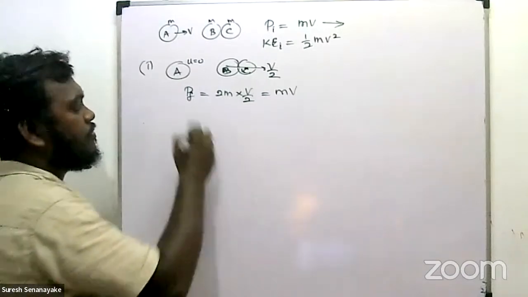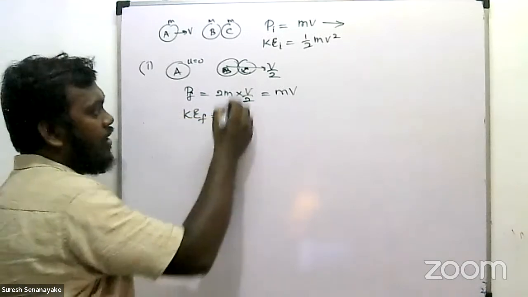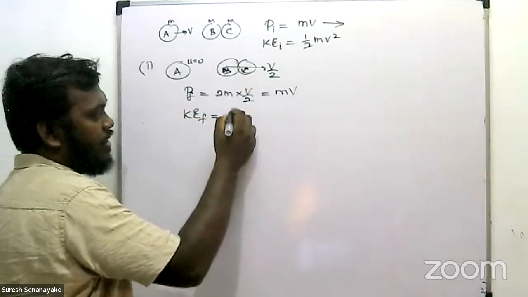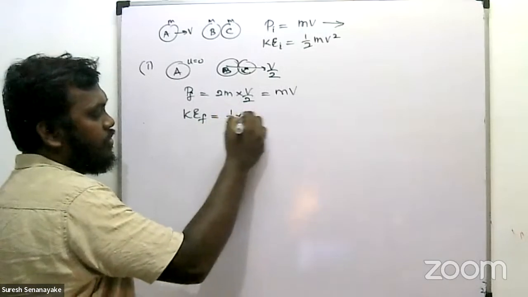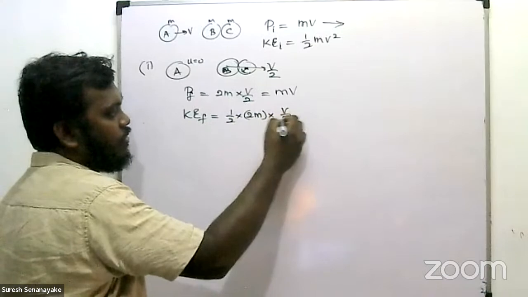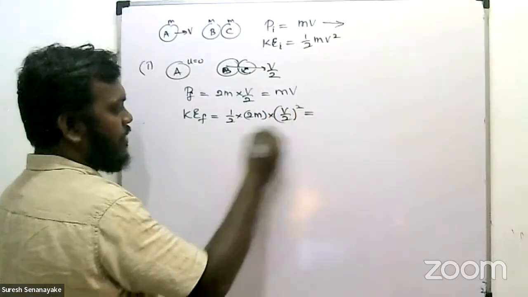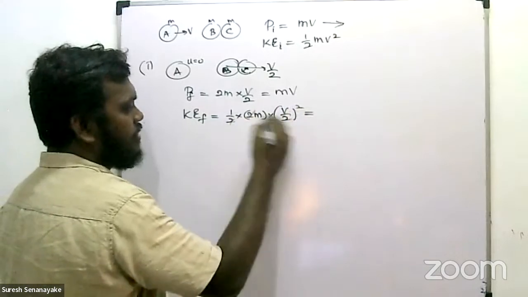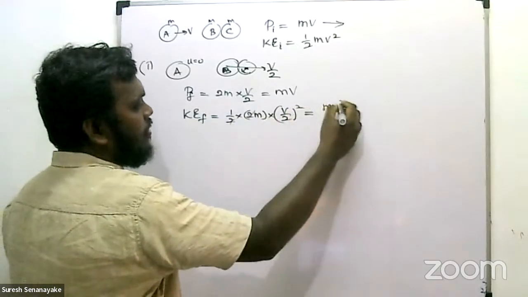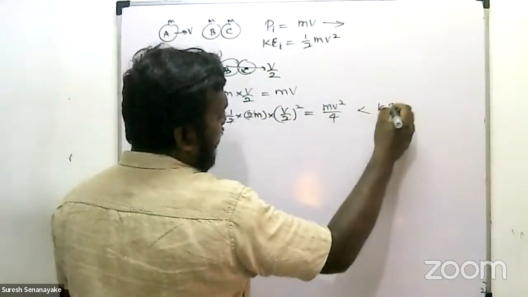Now find the kinetic energy after the collision. Two masses moving, that's half, 2m mass multiplied by v over 2 squared. After simplification, the 2 cancels, that's 4, so this is mv square over 4. This is less than the initial kinetic energy.